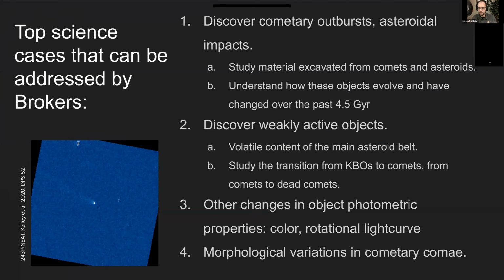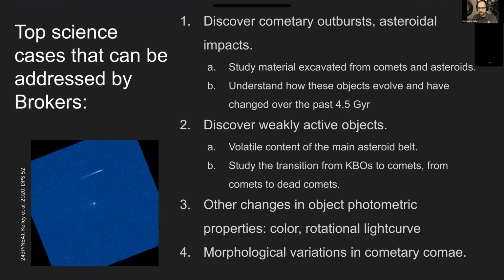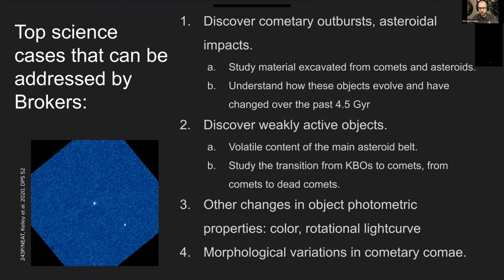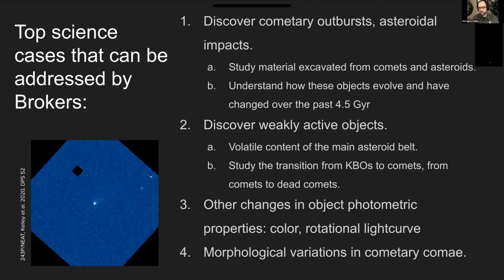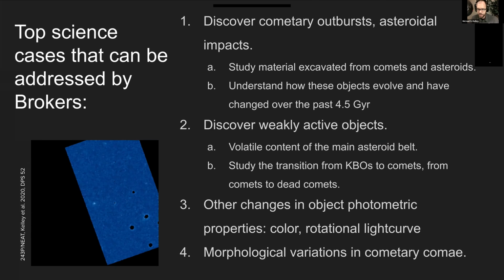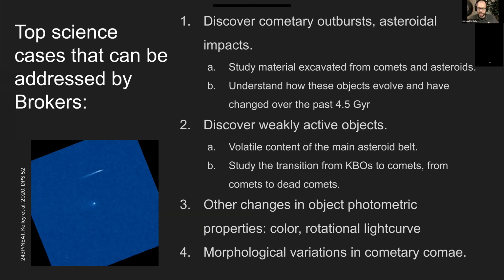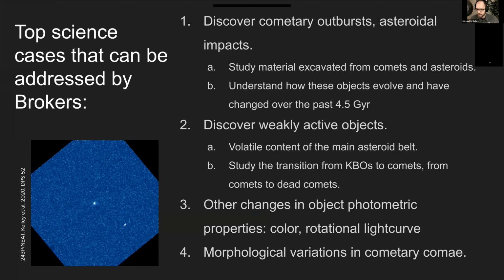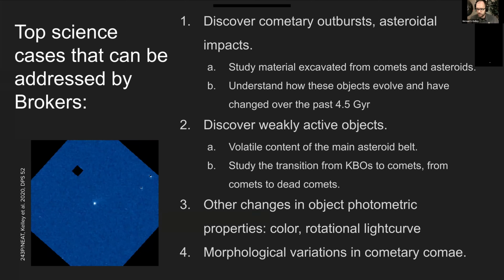We want to discover any other kind of unusual changes in object photometric properties, whether that's color, or perhaps we can discover that an object has a rotational light curve, or potentially a rotational light curve amplitude that can be studied with follow-up photometry. And morphological variations in cometary coma.